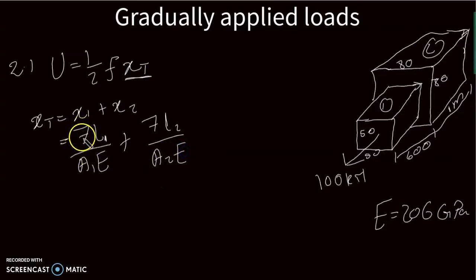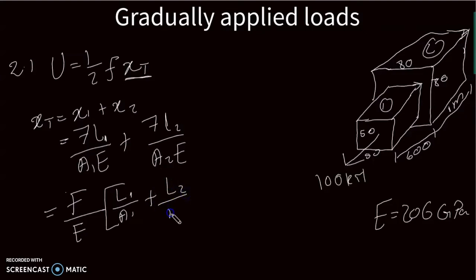We are going to take the force and the Young's modulus of elasticity as common since they are the same throughout. And then we are going to say force divided by the Young's modulus of elasticity, in bracket it will be the length number 1 divided by area number 1, plus length number 2 divided by area number 2.